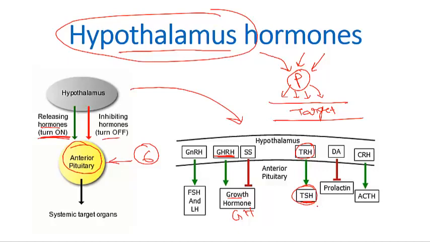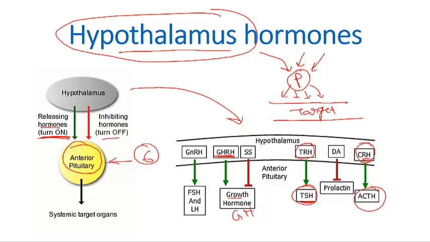And corticotropin release hormone: if this hormone is released and acts on the pituitary, then only the pituitary produces ACTH. So that's the second round of regulation, and these are the hormones whose secretion they control.